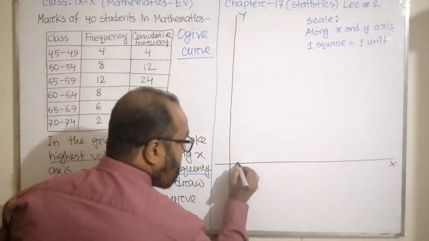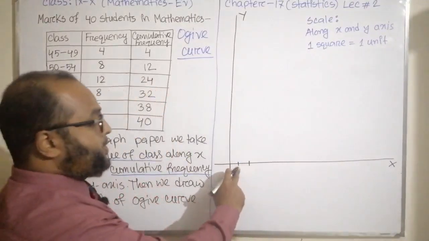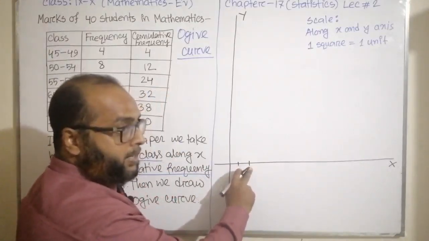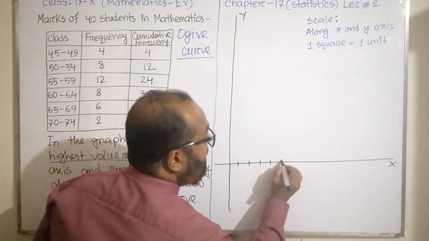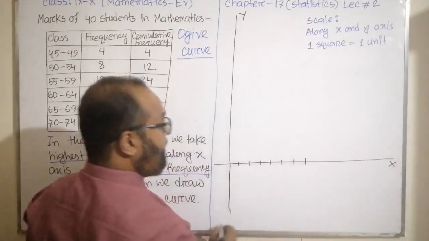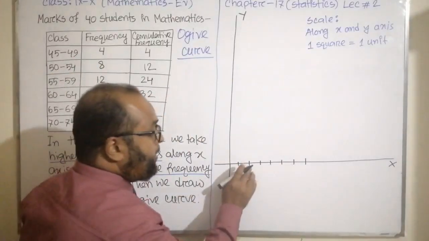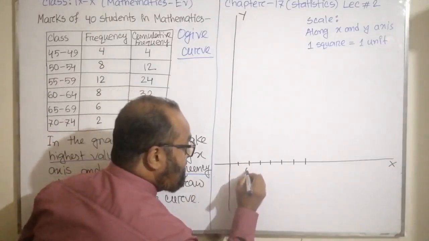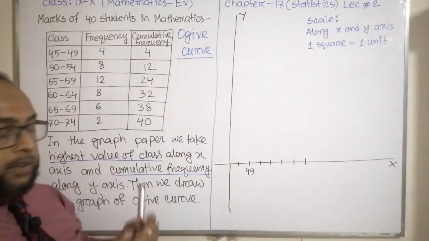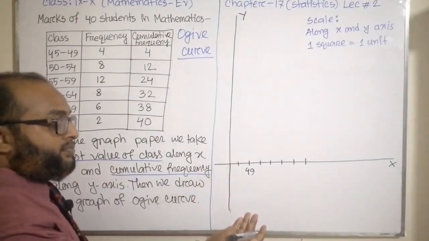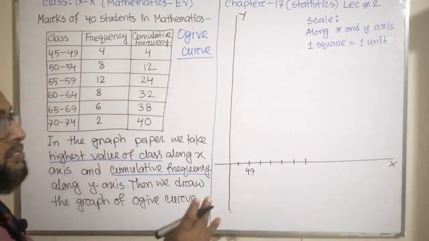We start our graph from this, like this is 5, this is 10. We start 49 from the 10th square, that means we write 49 here, and 54 after 5: 49, 50, 51, 52, 53 and 54.